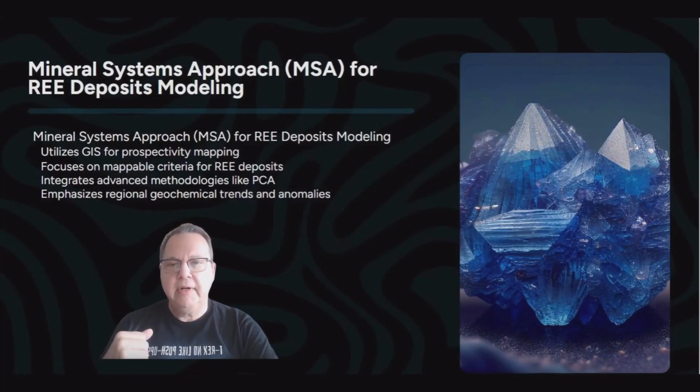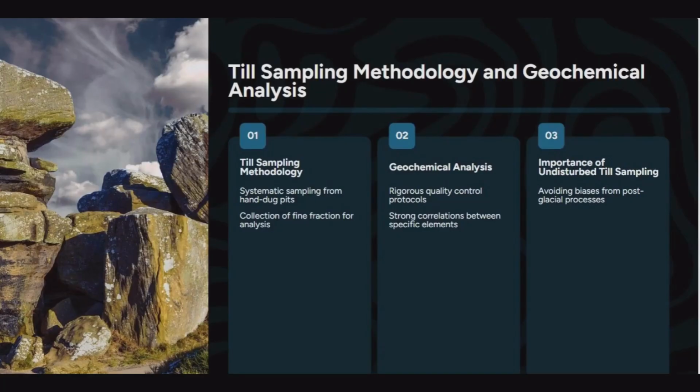Also, they use cluster analysis. They describe the sampling methodology, the geochemical analysis, and the importance of collecting undisturbed till samples to avoid biases in the interpretation of the data.